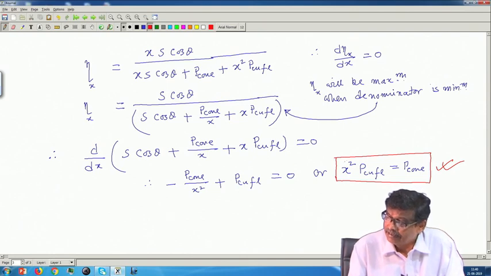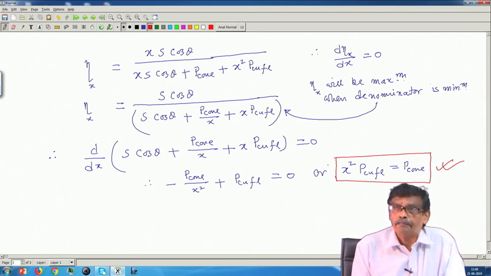Now, what is this x square P Cu full load? This is a variable loss.